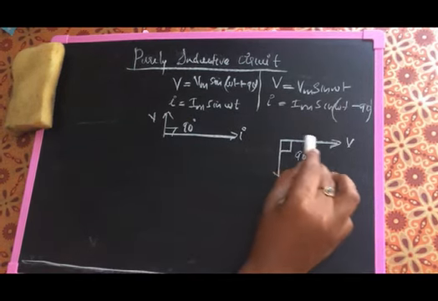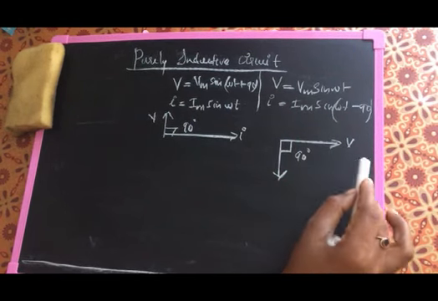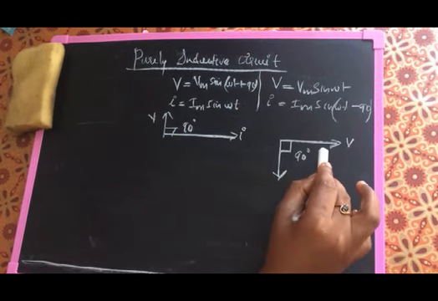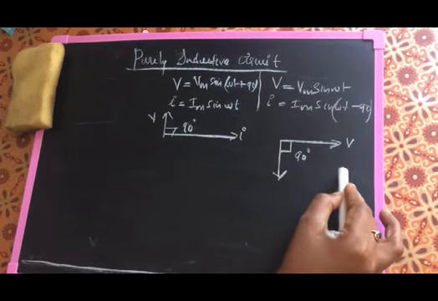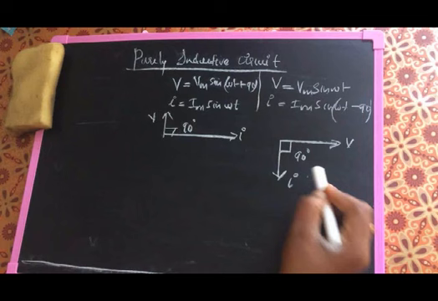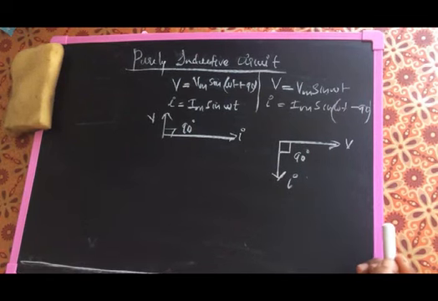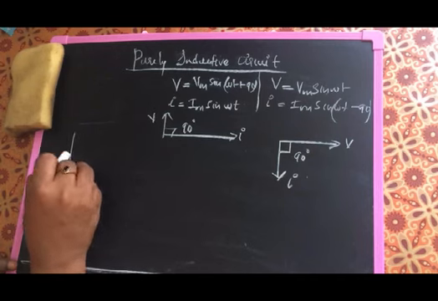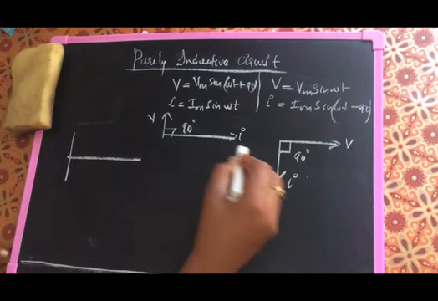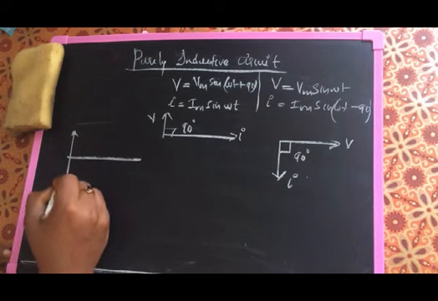In electrical circuits we usually take voltage as reference. So in a purely resistive circuit, voltage and current are in phase, and in a purely inductive circuit, the current lags by an angle of 90 degree. You can also draw its waveform. These both are phasor diagrams.